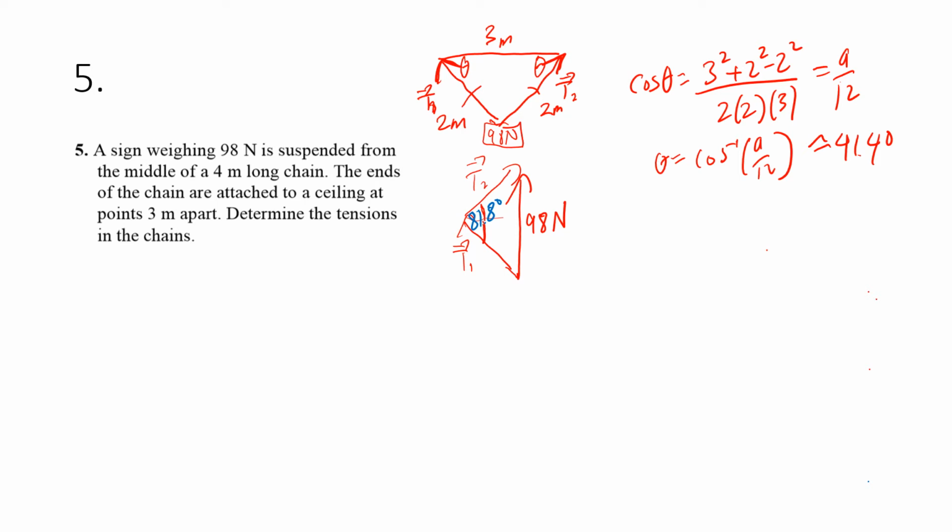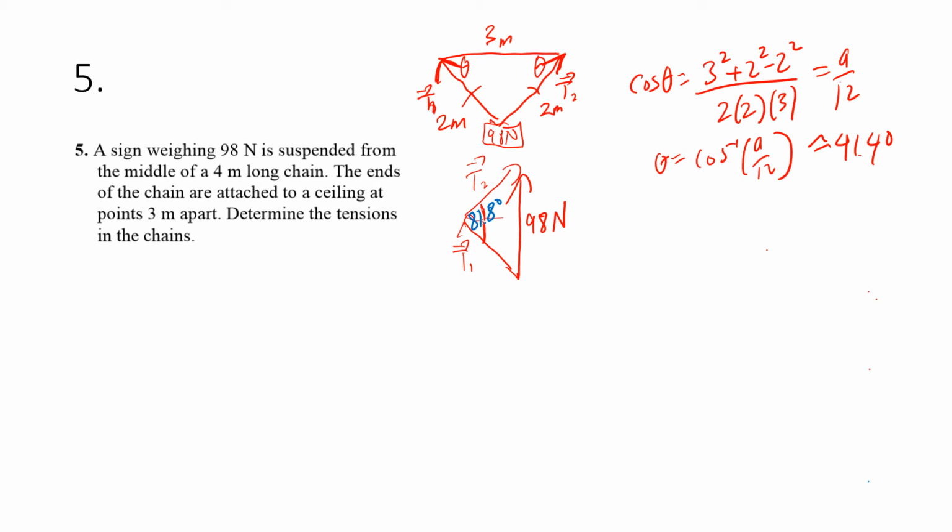Now that we have that, we can solve for the tensions of the chains, the tension vectors in terms of newtons, which should be the same because they're the same length.